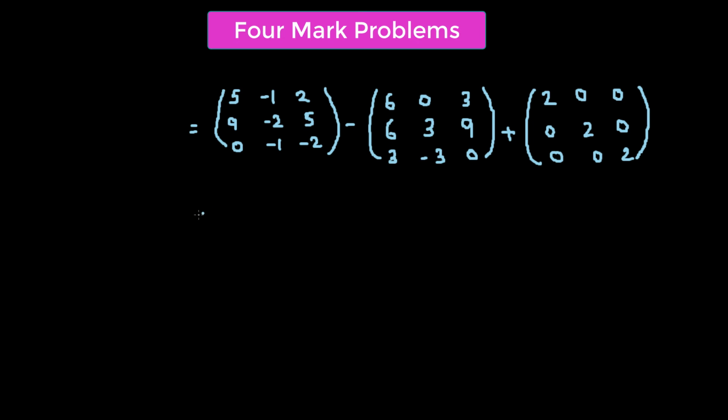Then we add and subtract the 3 matrices. So this should give us 5 minus 6 plus 2. Now we have negative 1, 0, 0. No need to write it. 2 minus 3 plus 0. 9 minus 6 plus 0.